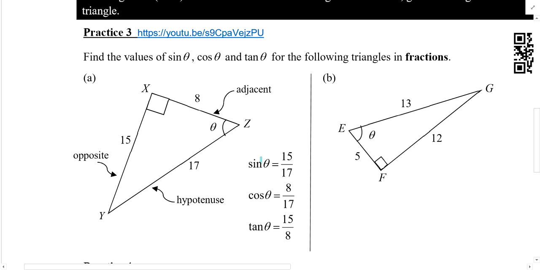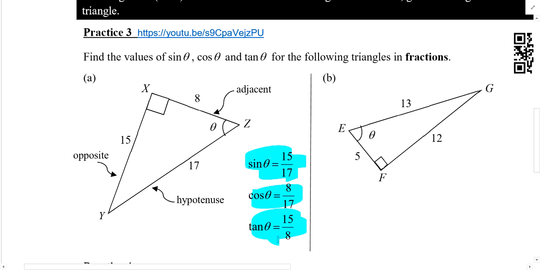And then I'm able to write down all 3 ratios. Do you think this value of theta is now fixed? Based on these 3 lengths given to you, can you have different answers, or is theta fixed with only one answer? It is fixed, right? If it is fixed, you know how to find it.